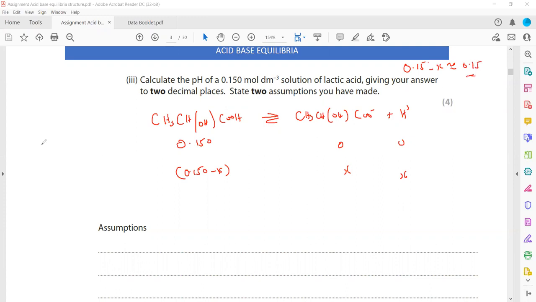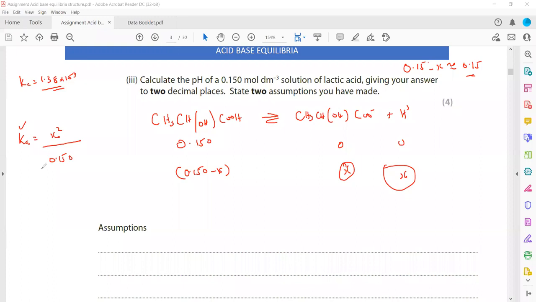Then we substitute in the expression, where the dissociation constant is product divided by reactant. The product concentrations at equilibrium are X and X, so this will be X² divided by 0.150. The value of Ka is given as 1.38 × 10^-4.